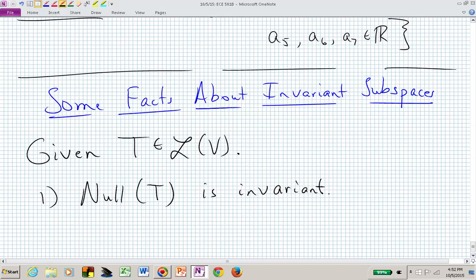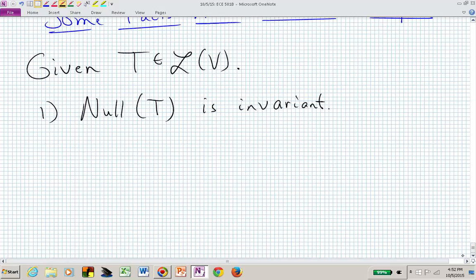We're saying it's invariant, and we're not even finishing that sentence. It's an invariant what? Subspace. So the null space of T is its own subspace. You find the null space of a linear map, and all vectors in that subspace stay in that subspace.